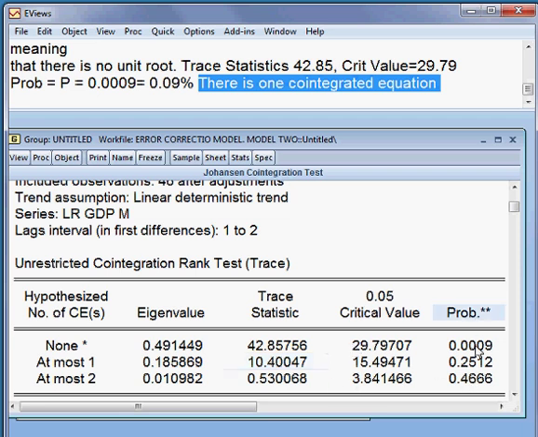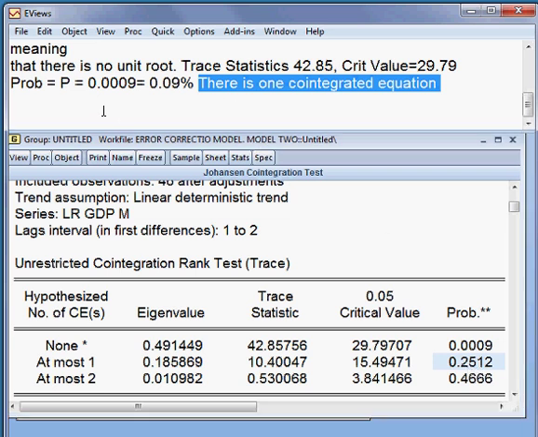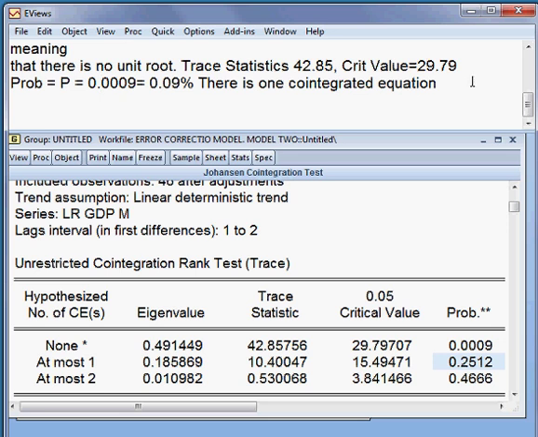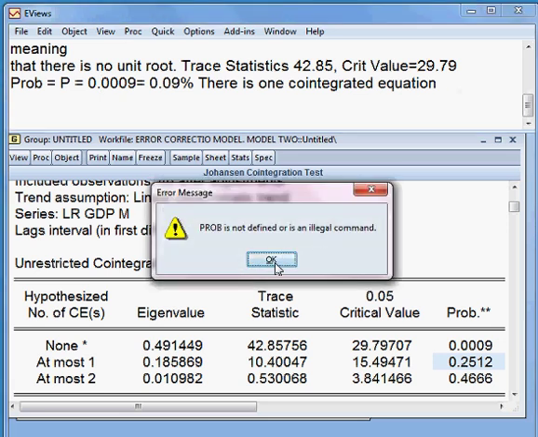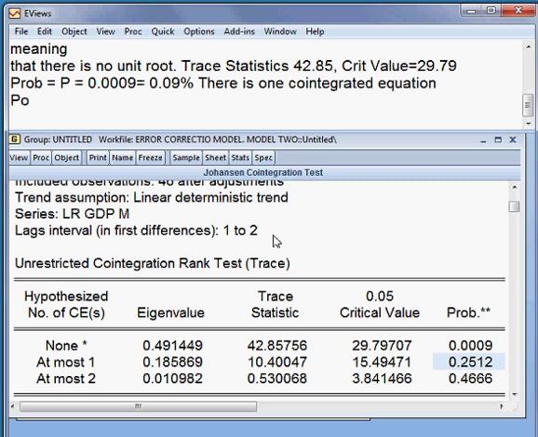From the probability value also the decision is the same. The probability value is 0.2512, meaning 25.12%.